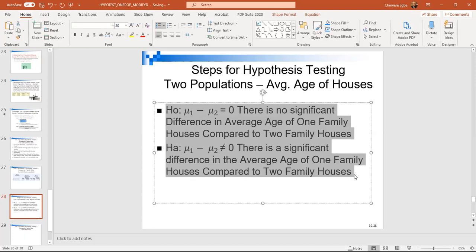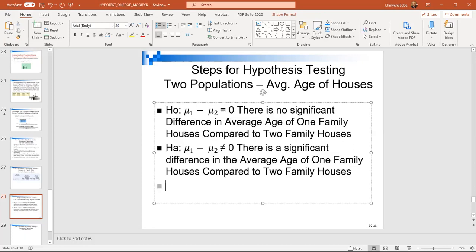Let us say we are testing at 0.005, which means that our Z star will be equal to 2.576. That will be our Z star.